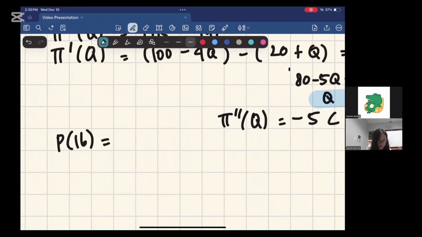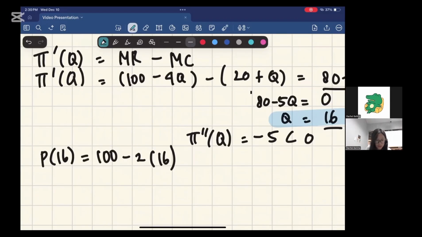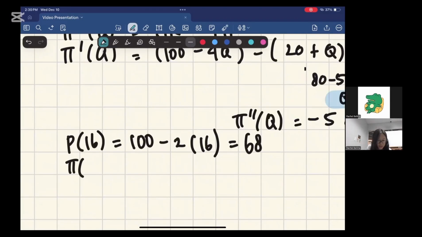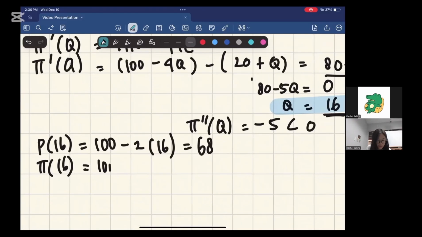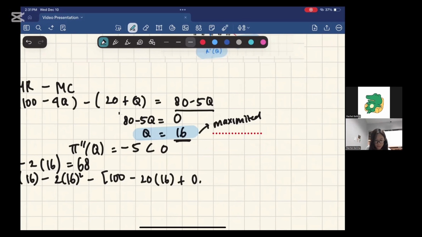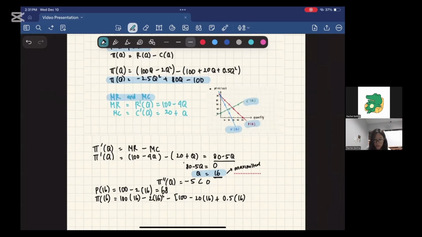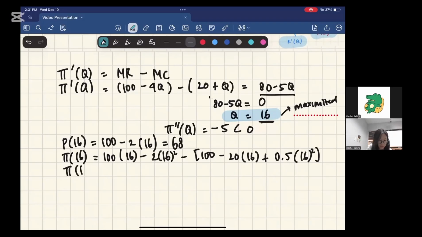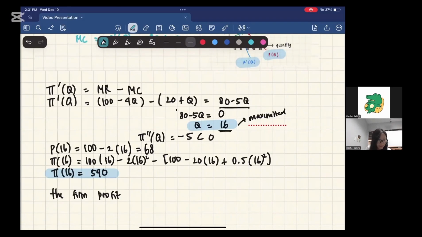Then P of 16 equals 100 minus 2 times 16, and pi of 16 equals 100 times 16 minus 2 times 16 squared, minus the cost, and the total will be 540.